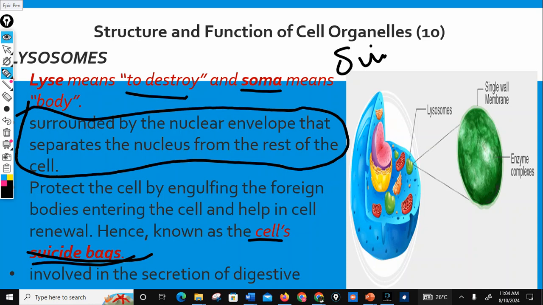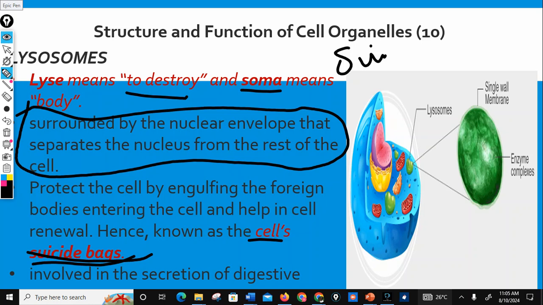These lysosomes have a membrane also, a single-walled membrane. And they have enzymes inside them that enable them to break down substances.